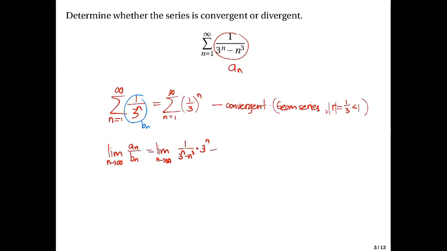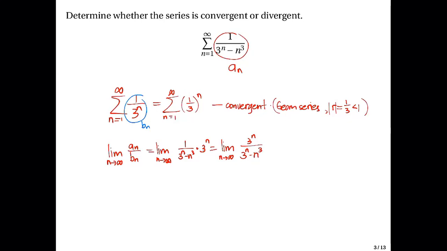We have now the limit of 3 to the n over 3 to the n minus n cubed as n approaches infinity. Now, look at this. You have 3 to the n over 3 to the n minus n cubed, and you can work on this using all the techniques that you know from Math 21.